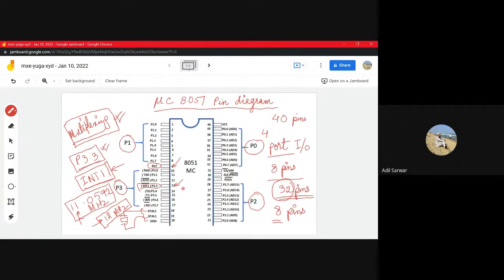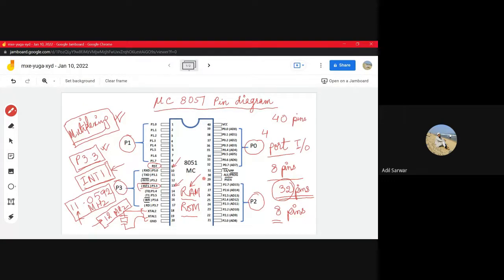So 8051 has RAM as well as ROM, and I told in the previous lecture that RAM is to store data and ROM is to store program. RAM is volatile memory, ROM is permanent memory. So when you reset the 8051 microcontroller, all the things that are stored in RAM get erased, they vanish.